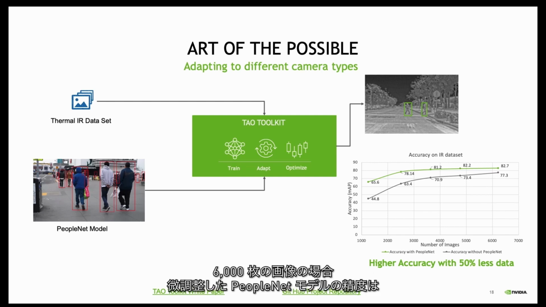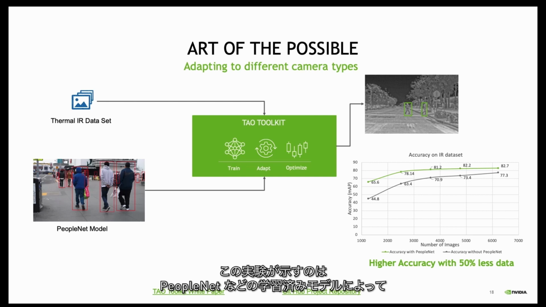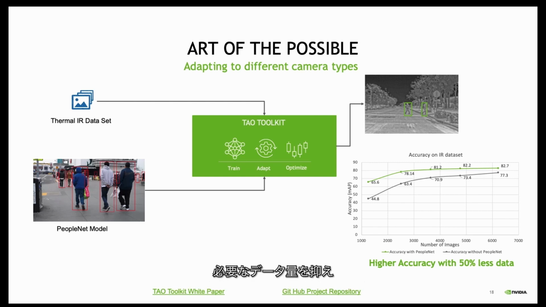At 6,000 images, the fine-tuned PeopleNet model provided 6% higher accuracy than without PeopleNet. This experiment proves that with PeopleNet or other pre-trained models, you can converge faster and train faster with less data. You can easily fine-tune existing models to learn on different camera types, different vantage points, etc.